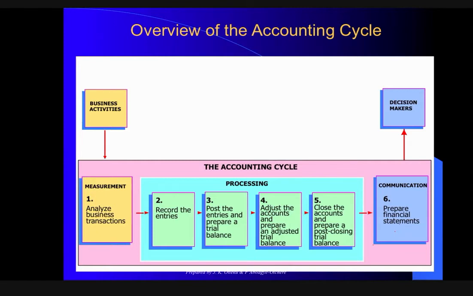At the end of the day, after you've now processed all of these records you are keeping, you will come out with what we call the financial statement, which is what everybody else will see, right? So what everybody else will see will be the end result, which is the financial statement, which is now supposed to be communicated to decision makers. So decision makers will now have to look at the financial statements that you've come out with from all the records and the processing that have happened, and then they will make decisions.